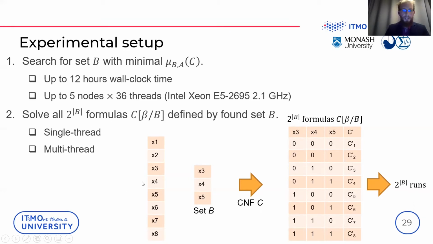So, for example, here we have 8 variables in our Semenov formula. We have some 3 variables in the set B. We generate all weakened formulas by substituting these assignments, and then solve all these weakened subformulas.